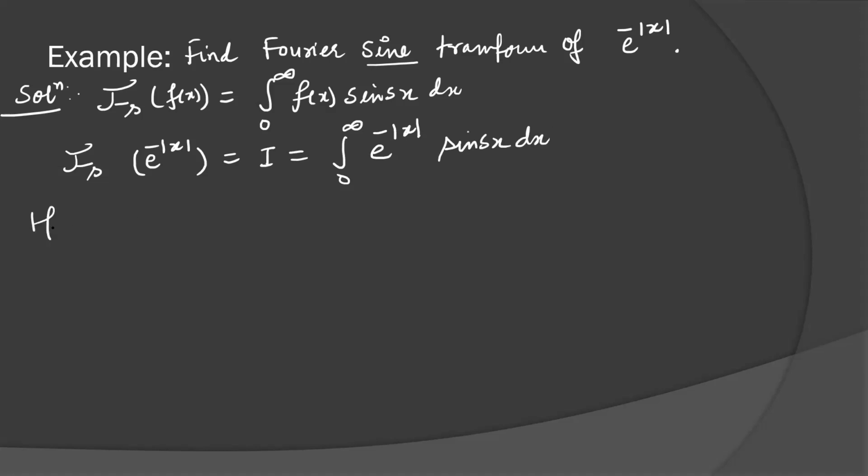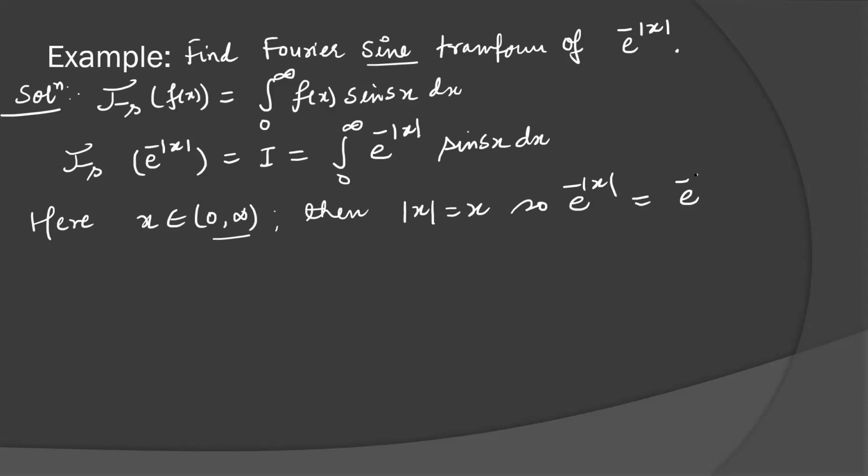See carefully, here x belongs to 0 to infinity, so mod x equals x, because x is greater than 0. So e to the power minus mod x is nothing else but e to the power minus x, as x belongs to 0 to infinity. Because x is greater than 0, mod x is meaningless here, it will be equal to x only. It means the integral will be equal to the integral from 0 to infinity of e to the power minus x sin(sx) dx.